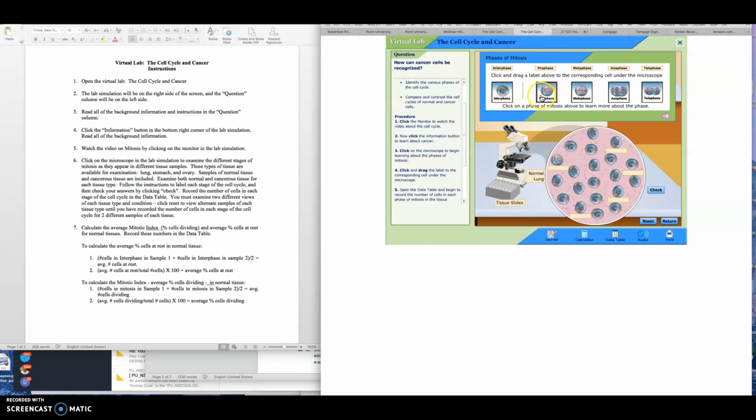Okay, we click on a phase. All right, we drag the label down. So this one here looks like prophase. So we check. I guess that's wrong. Okay, so let's try.